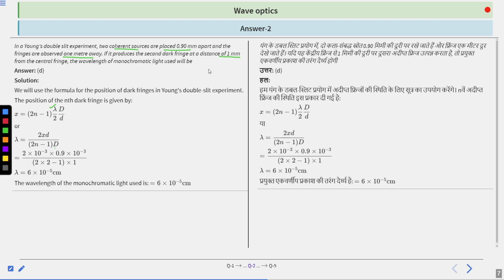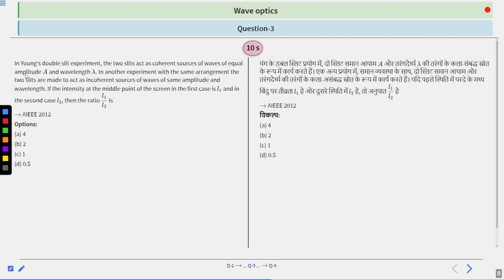D is 1 meter away. When you solve this, lambda is equal to 6 into 10 raised to the power minus 5 centimeter. The wavelength of the monochromatic light used is 6 into 10 raised to the power minus 5 centimeter. So the correct option is option D.